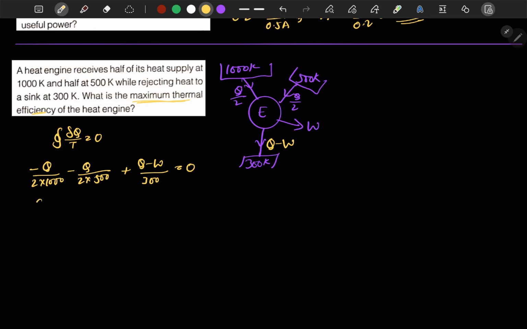So from here we get Q times (1 by 300 minus 1 by 2000 minus 1 by 1000) is equal to W by 300.